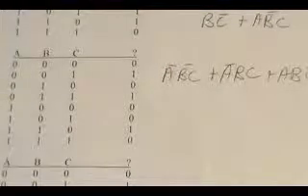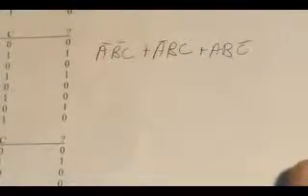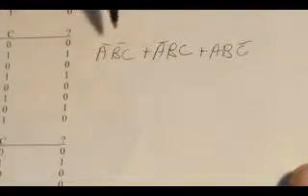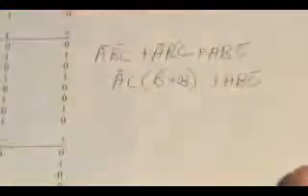Now that I'm off the truth table, I'm again simplifying the equation. And as I look ahead here, I'm noticing in the first term and the second term, there's a not A and a C in both of those. So I'm going to take a not A and a C out of both of those. That will leave me with a not B plus B. And of course the third term is still part of the problem.